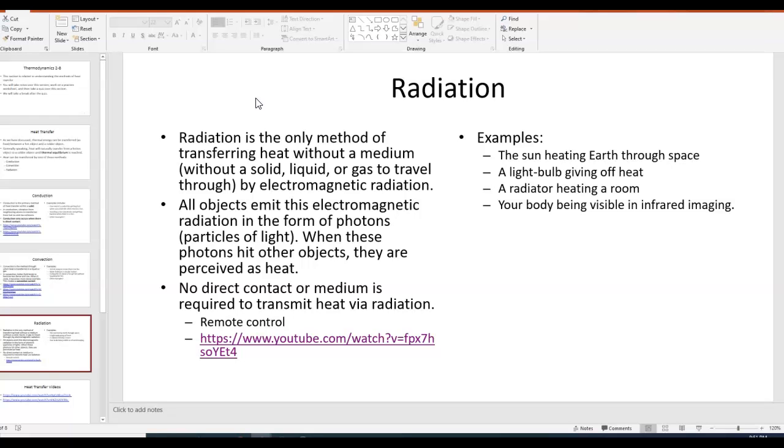You see radiation obviously in space, but also in other situations. If you've ever gone to McDonald's, they put your food, like your French fries or your Big Mac, under a heating lamp after they finish cooking it.